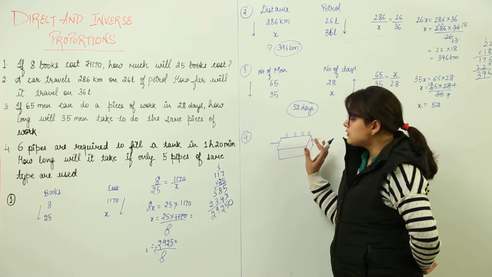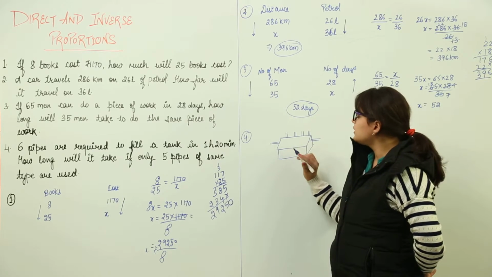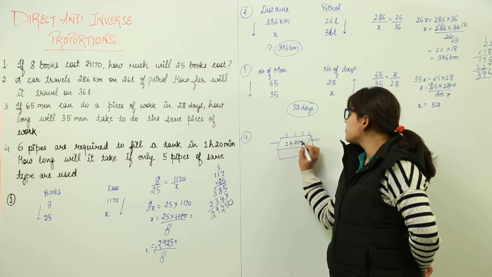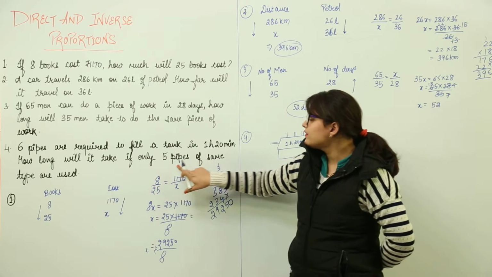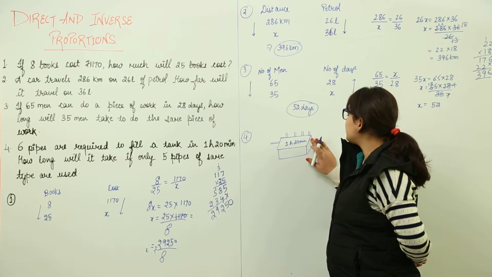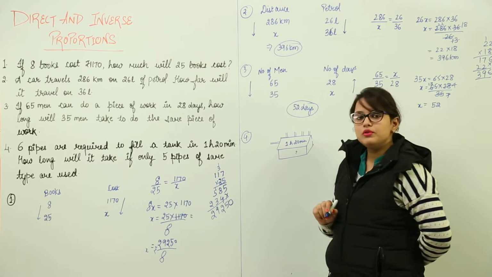When the tank was getting filled with the 6 pipes, how much time did it take to get filled? It took 1 hour and 20 minutes. But now, how long will it take if only 5 pipes of the same type are used? Now we have removed 1 pipe. How much time is it going to take?